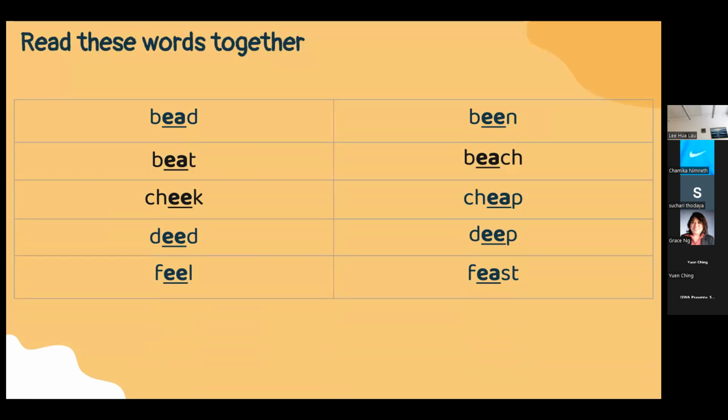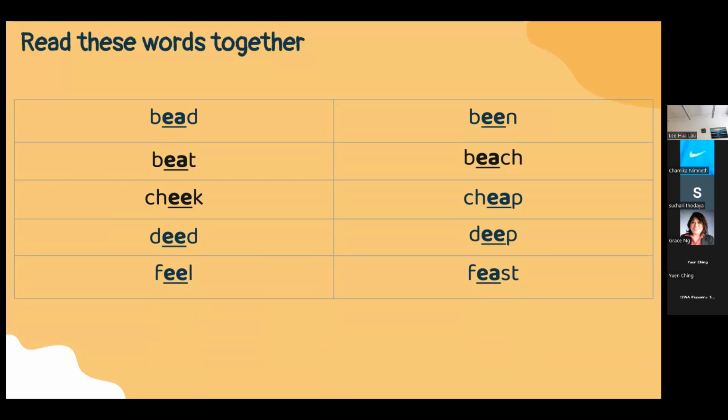Okay, how do you say the first word? Beat. Okay, the next word? Bean. The next word? Beat. So you have the T, right? So you beat. And then the next word is beach.